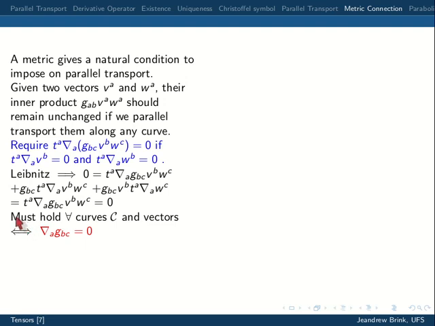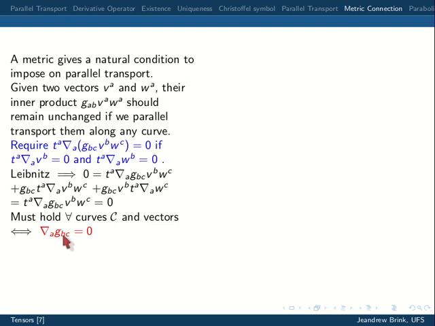So this thing must hold for any curve and any vector. You are free to choose T^a, V^b, and W^c. And what we therefore have is that the gradient operator applied to the metric must be 0. And this is what chooses the gradient operator. The fact that we require a dot product between vectors that are parallel transported to be the same regardless of this point or that point immediately leads to the gradient operator applied to the metric being 0.